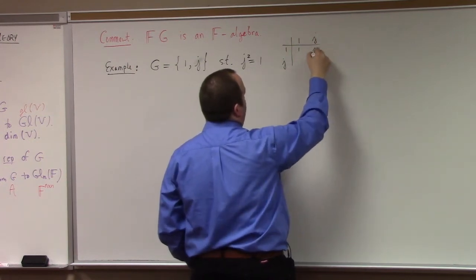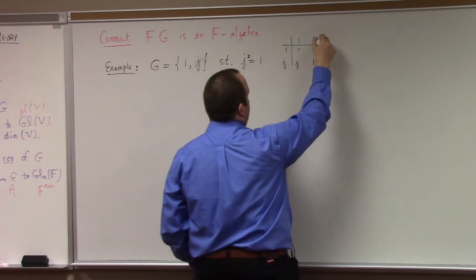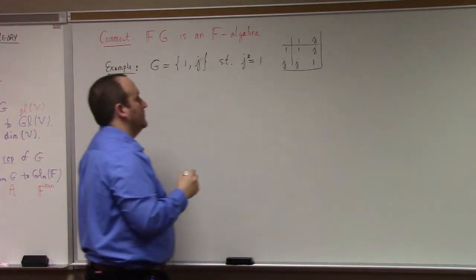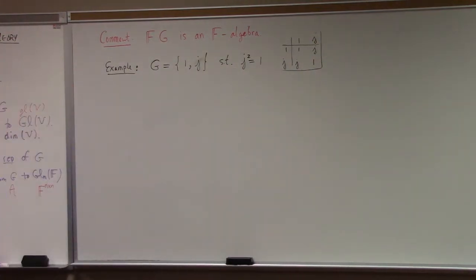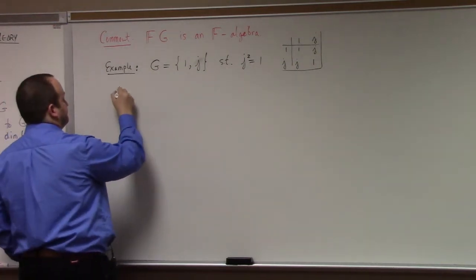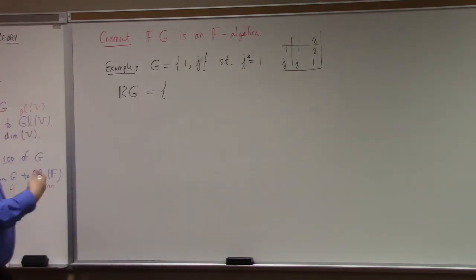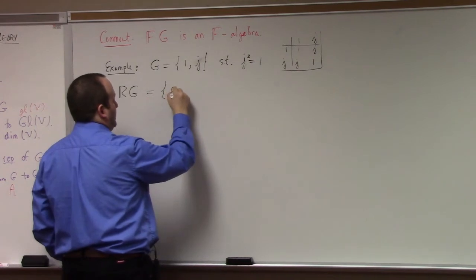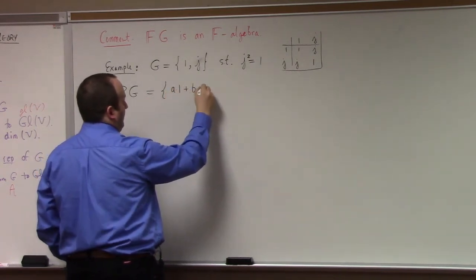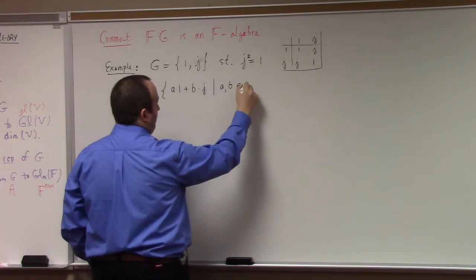Right, J squared is 1, right? So it's fairly obvious that this is isomorphic to Z mod 2Z, mapping 1 to 0 and J to 1. All right, so if we look at RG, what is that? It's real linear combinations of the group elements, right? So that's like A times 1 plus B times J, such that A and B are real numbers.